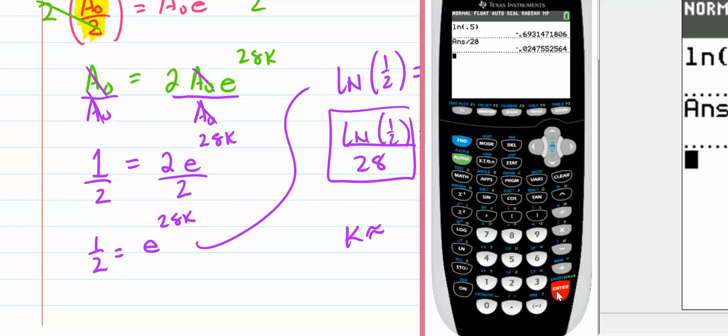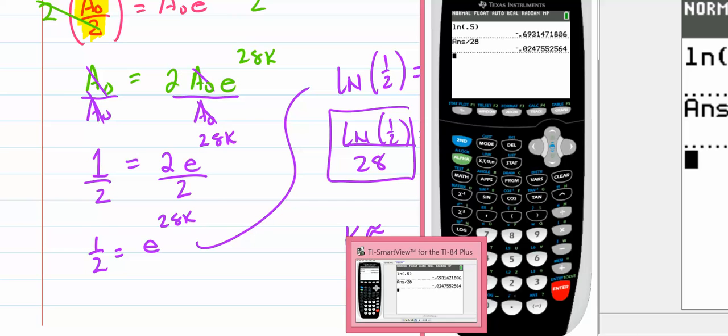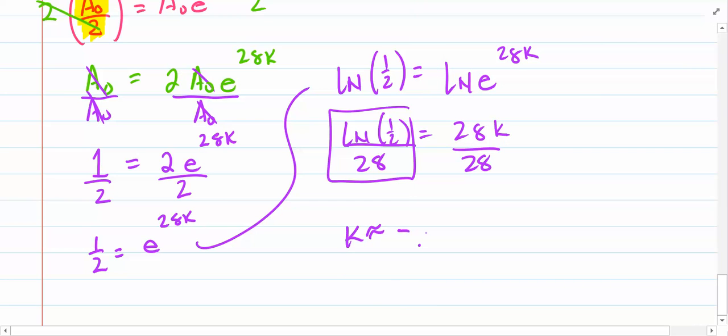So negative 0.025. So therefore, the answer that we're looking for is this. For strontium 90, according to our book, it's going to be the initial amount, e to the negative 0.025t.